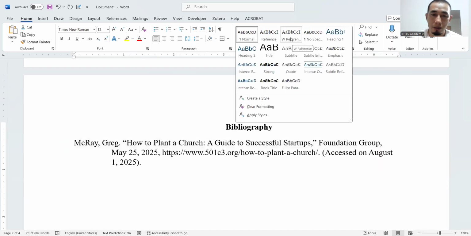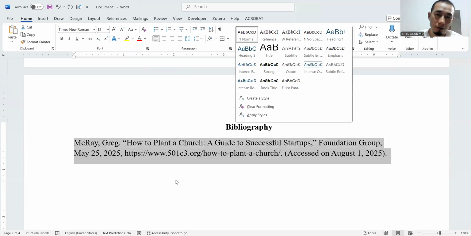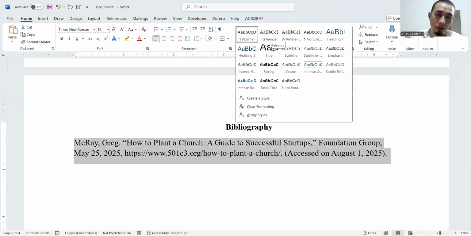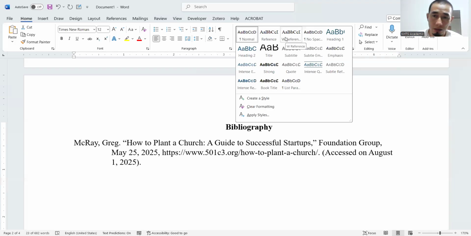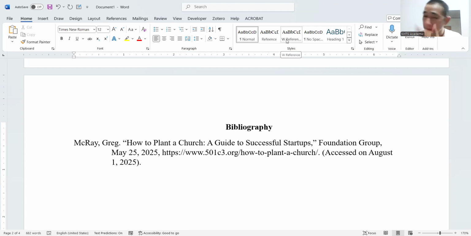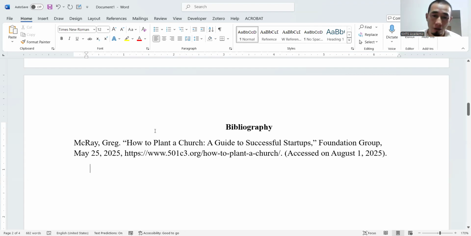You click in the reference, it will arrange in that way. Bibliography name, you see, you click here, and then you see reference here, right? I think it's something that only happens on my computer. No worries, just put it like that. You might not have it because I see my initials. Well, that's what a bibliography should look like.